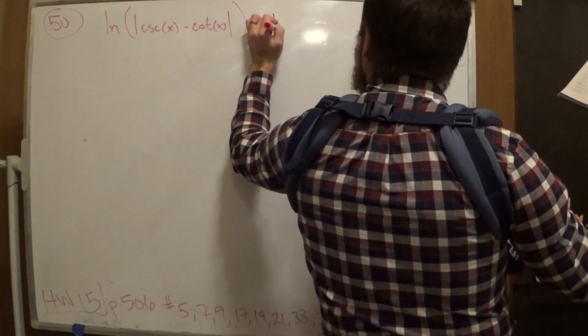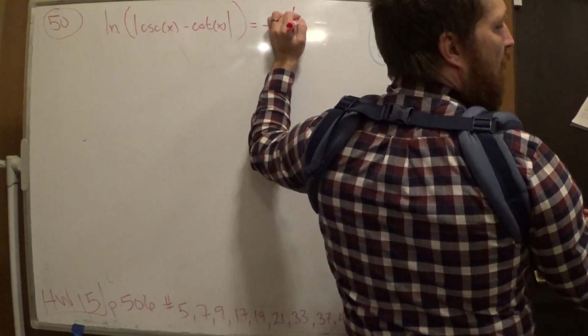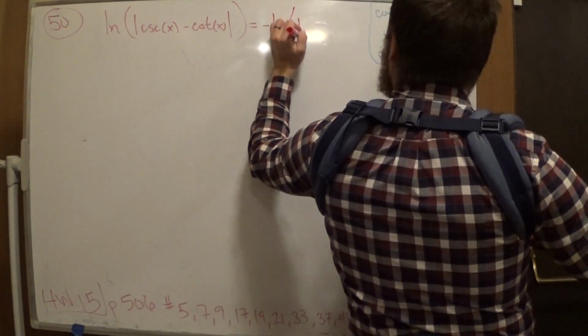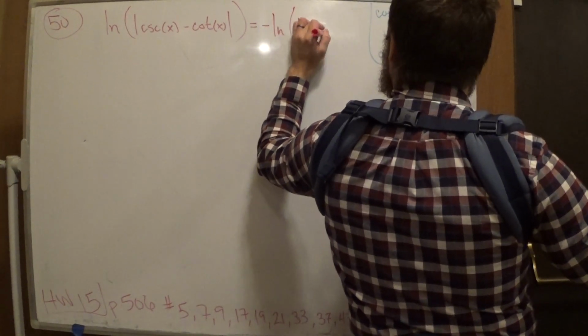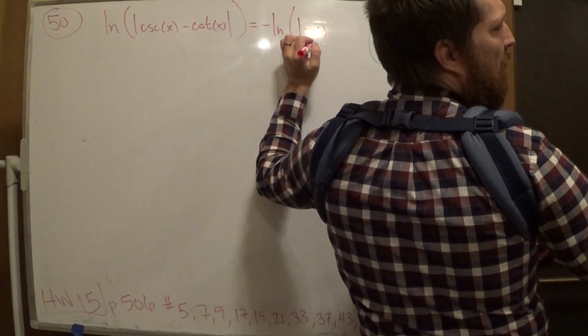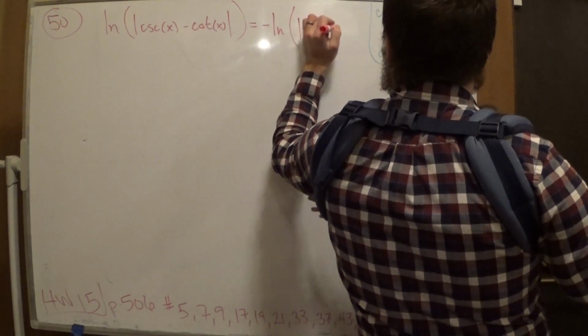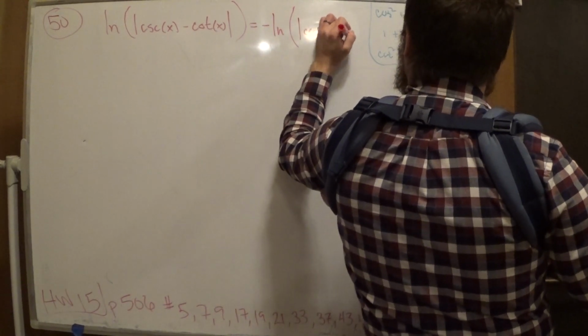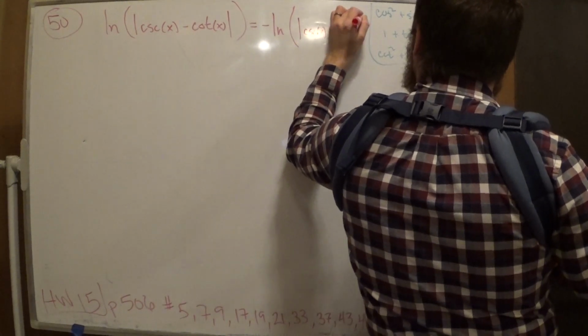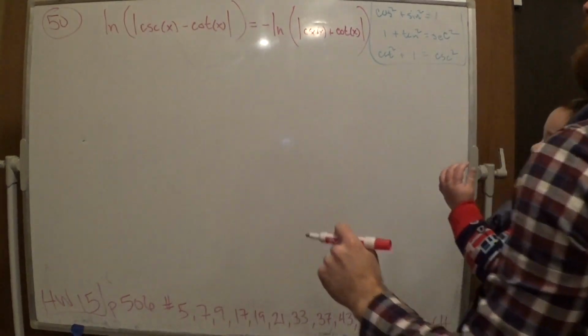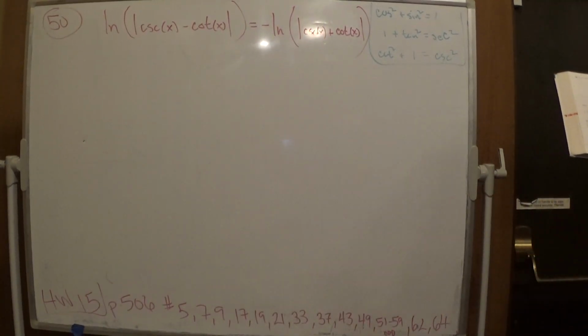Show that that's equal to negative log of the absolute value of cosecant x plus cotan x. Well, we can relate cosecant to cotan. But when I see a negative in front of a log, you can just flip the thing.